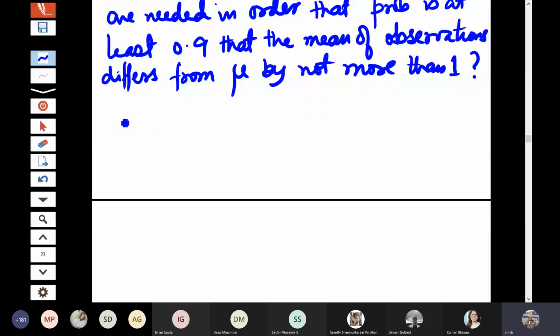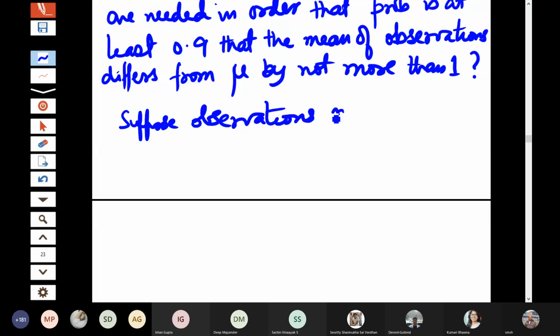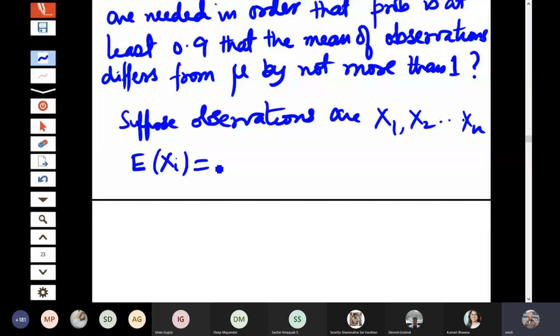So suppose we are taking observations x1, x2 and so on, xn. Suppose n observations are taken. So for each of these, expectation of xi is mu and variance of xi is 1. And so we are asking a question about the mean of the observations.